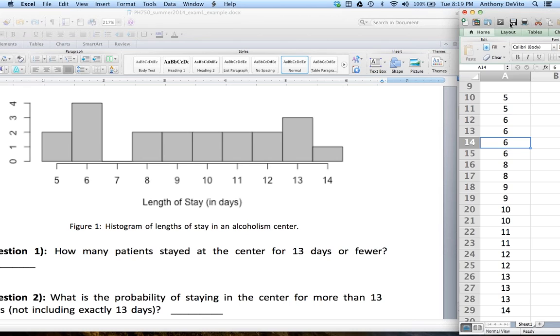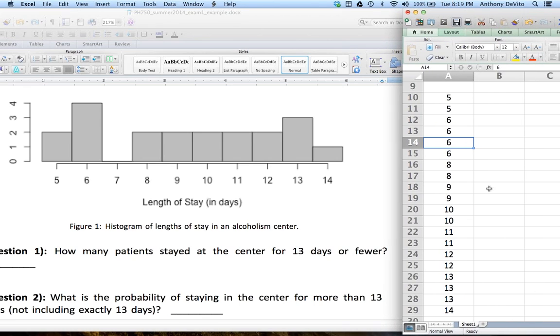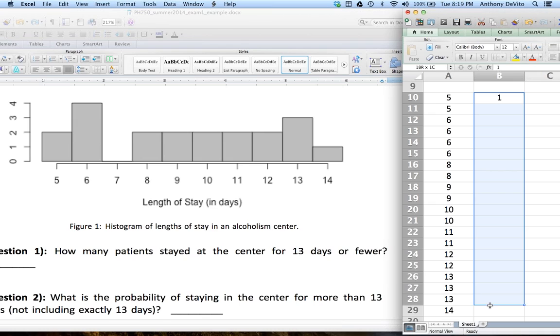Okay, so now if I asked you what is the median value for all of these hospital stays? Well, you would say, there's 20 people here. I'm going to put the patient number here, 1, and copy this down.